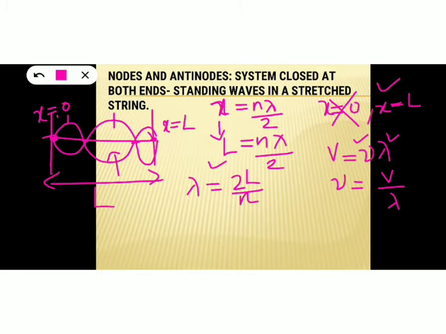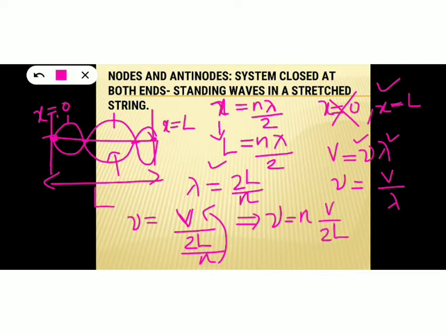Lambda is 2L by n, and this n will go to the numerator. So you will get the frequency nu equal to n into v by 2L.